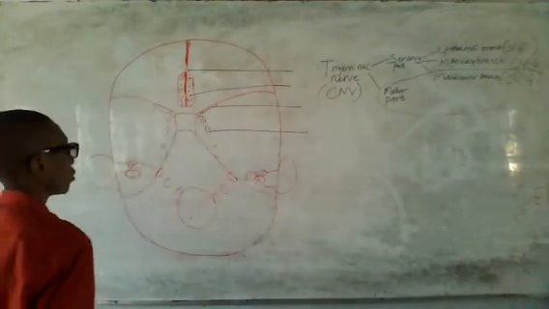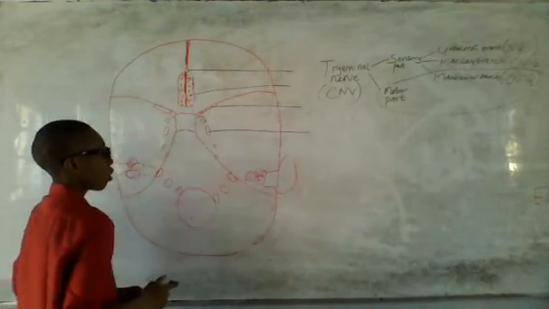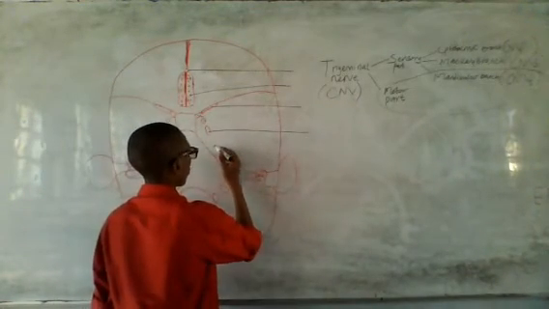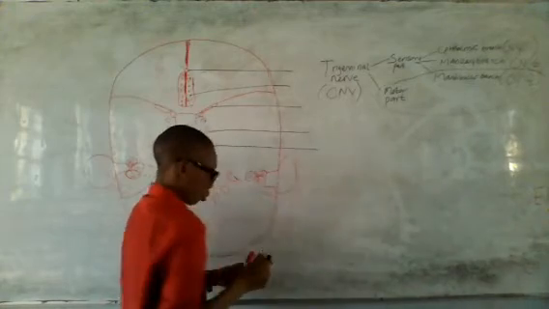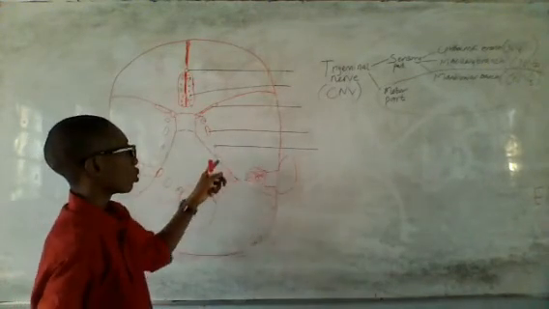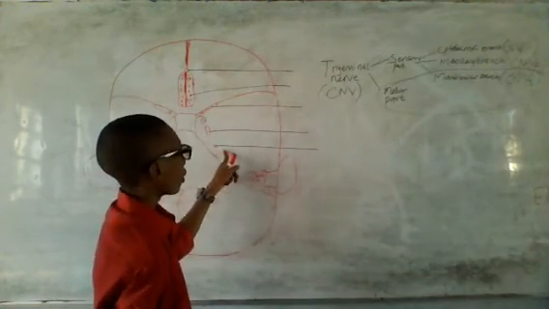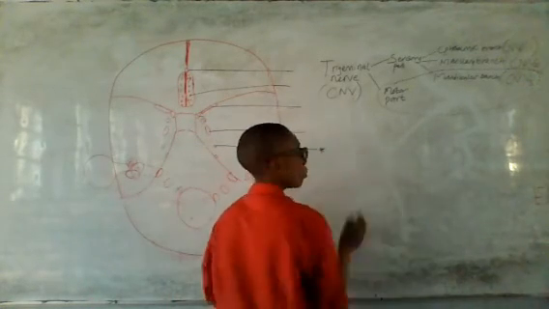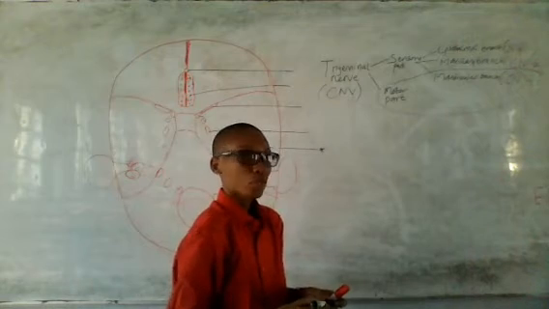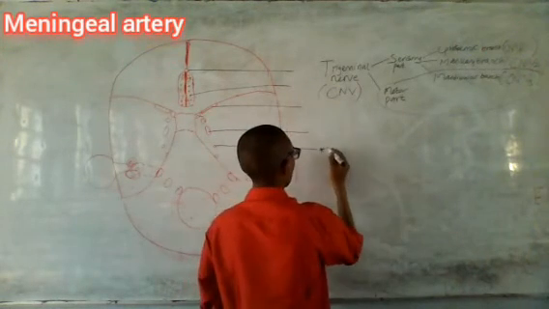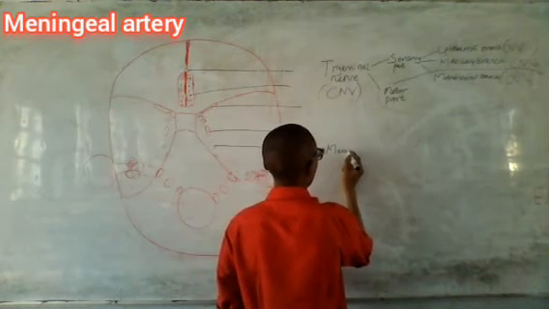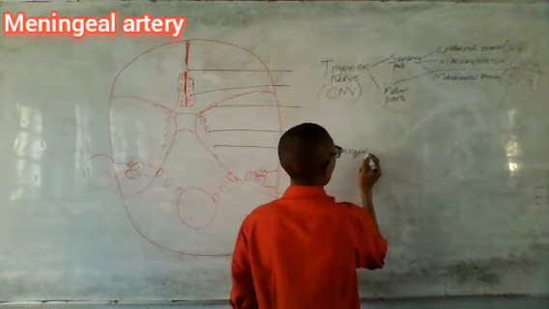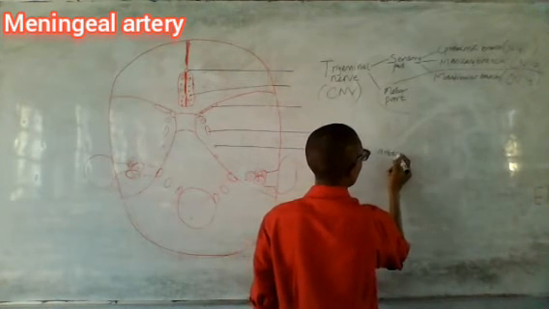So now we are going into the next foramen, the foramen spinosum. What structures pass through the foramen spinosum? We have the meningeal artery.